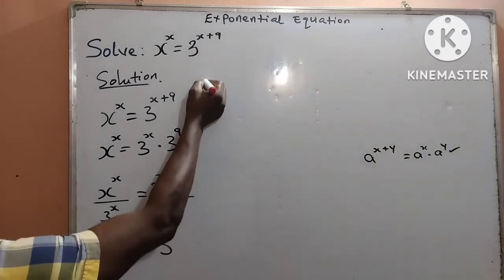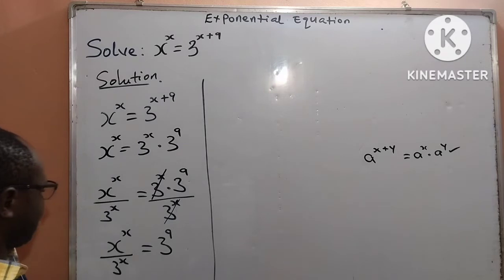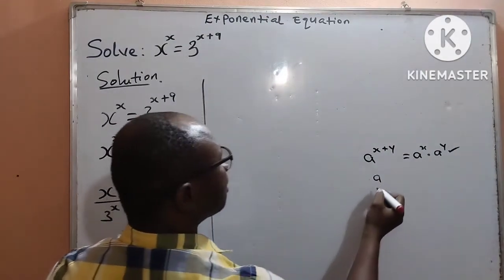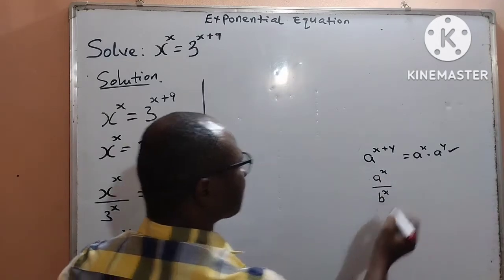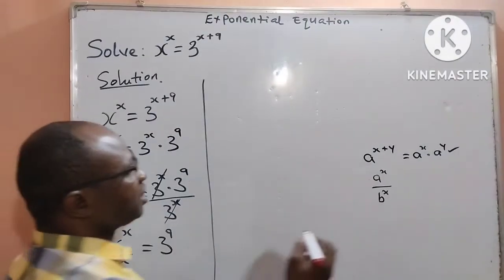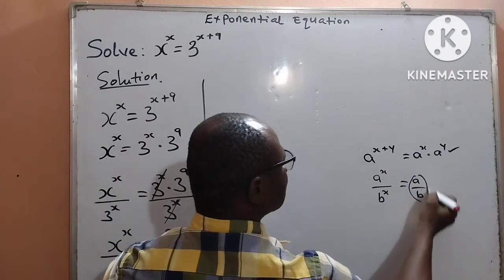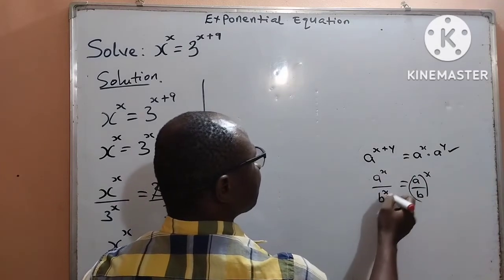Very good. Now, by law of indices, if I am given a to the power of x all over b to the power of x, it is equal to a all over b all to the power of one common power, all to the power of x.